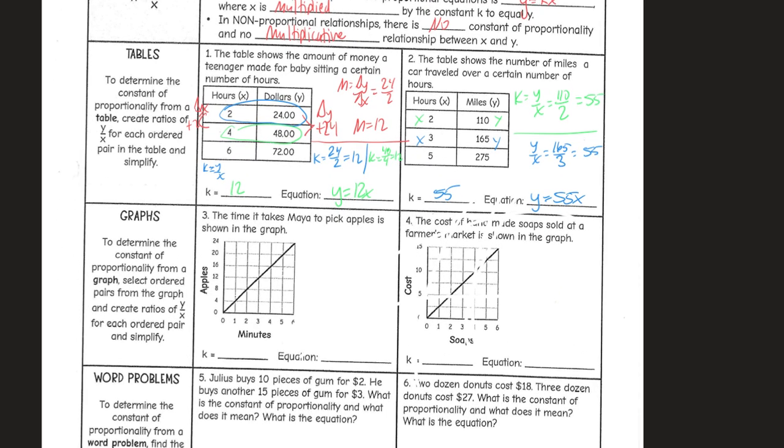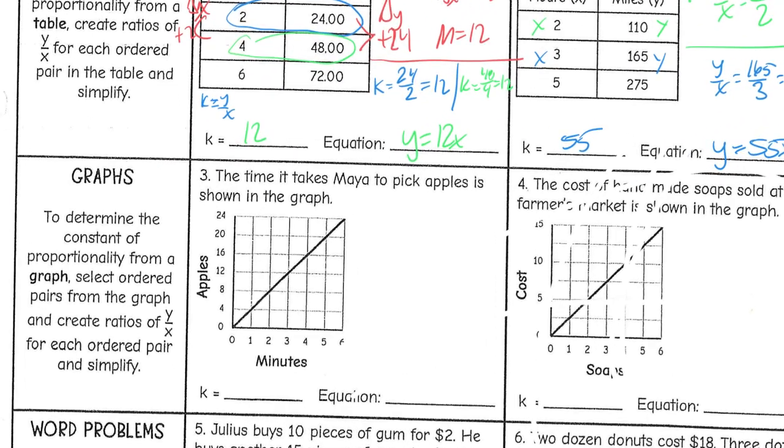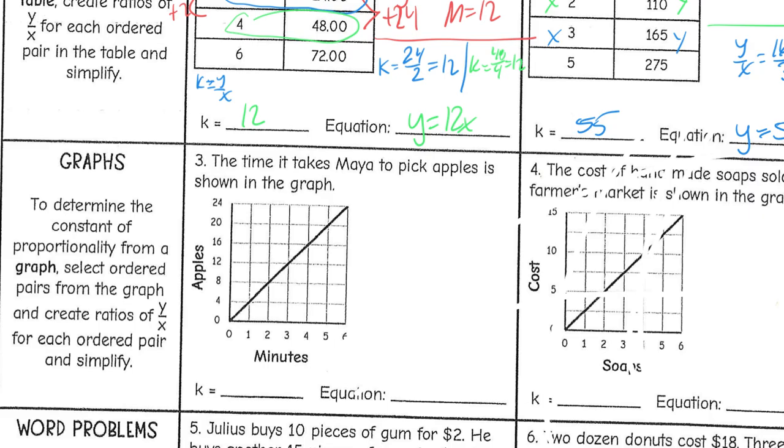Okay. Another example. Now for graphs. So here we have a graph. It's going through the origin. b is 0. If b is 0, then you can just find the slope by doing y over x. So there's my y-axis, there's my x-axis. k would be 4 over 1, which is 4.